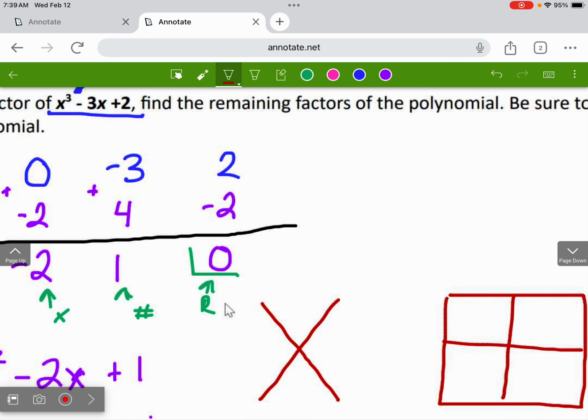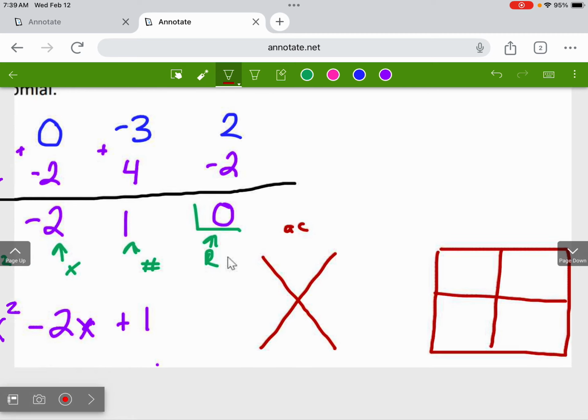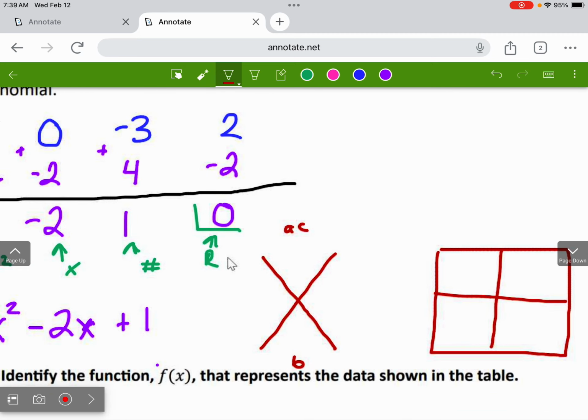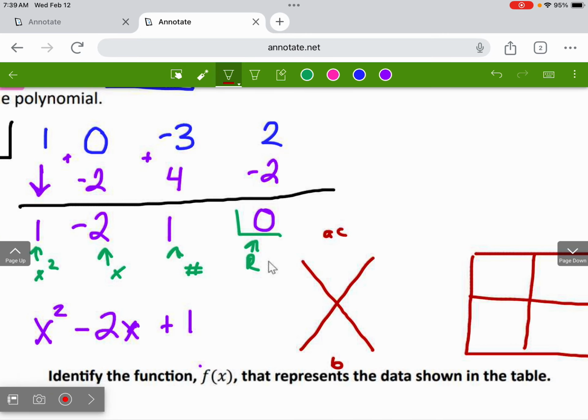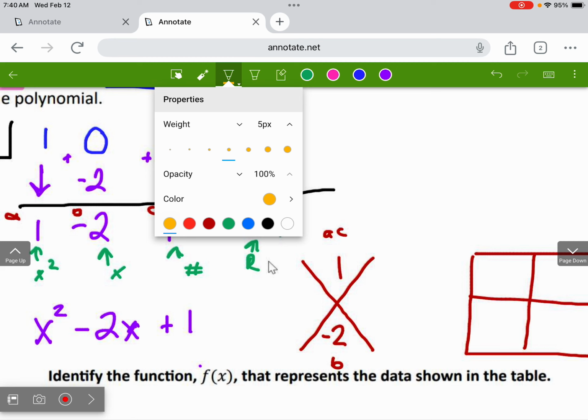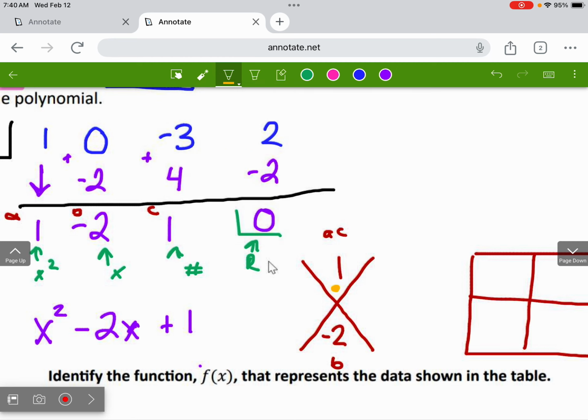This is when we take our a times c at the top, b goes at the bottom, where our a is this one, and our c is this one. So we have a 1 at the top, and our b is a minus 2. And we're looking to find a pair of numbers that multiplies to make 1 and adds to make negative 2.